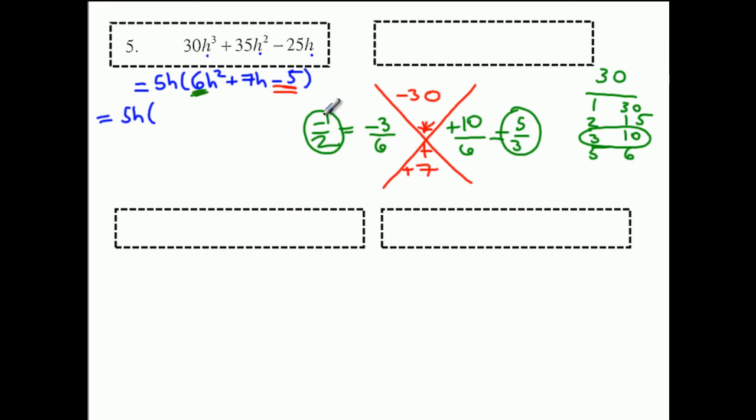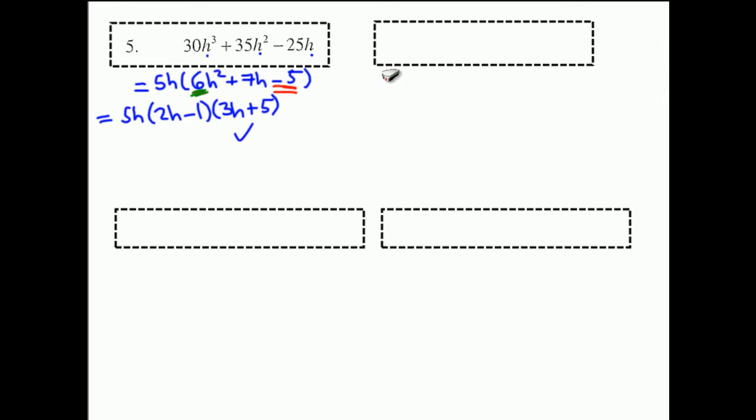So this minus 1 over 2 means our factor will be 2h minus 1. And this 5 over 3 means our factor will be 3h plus 5.